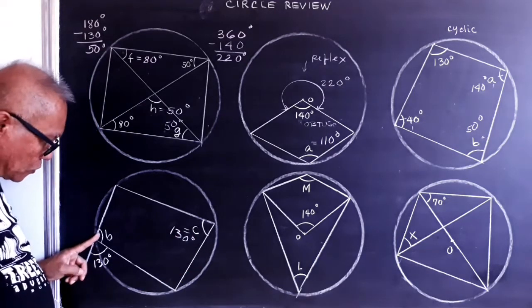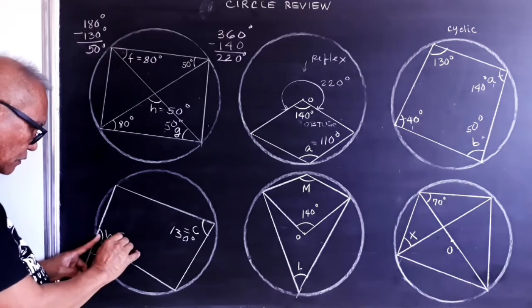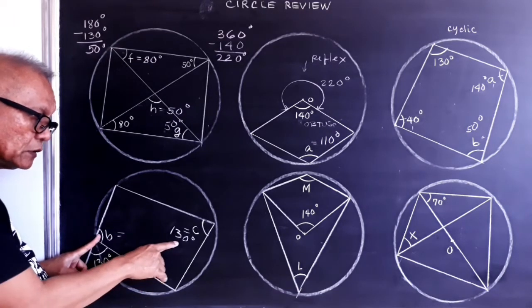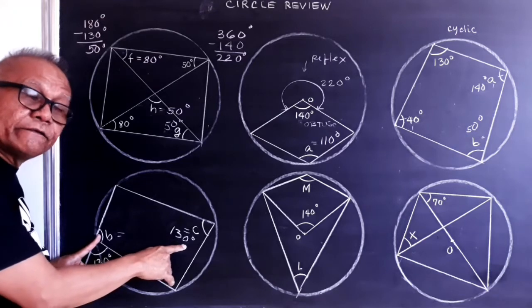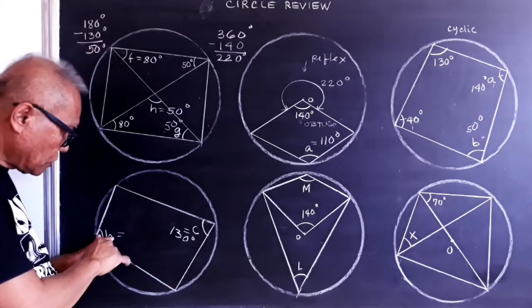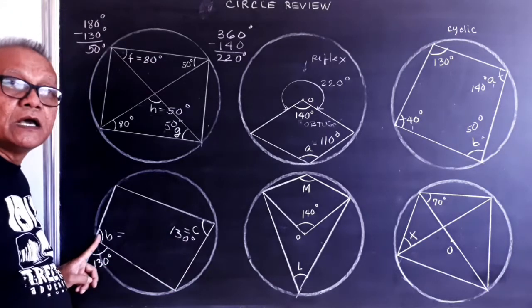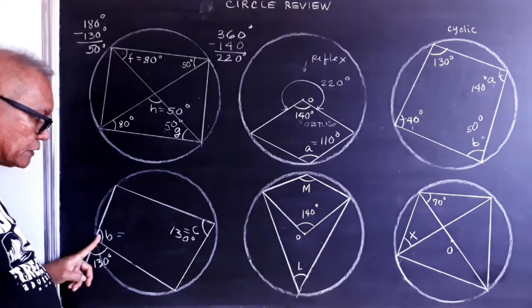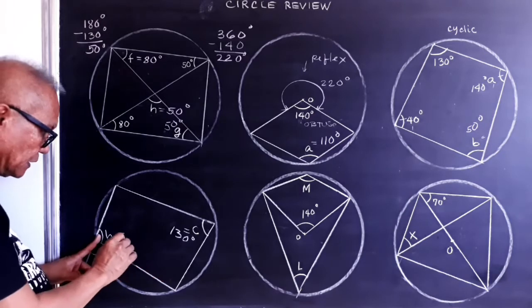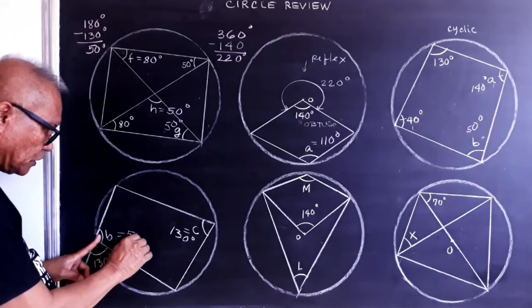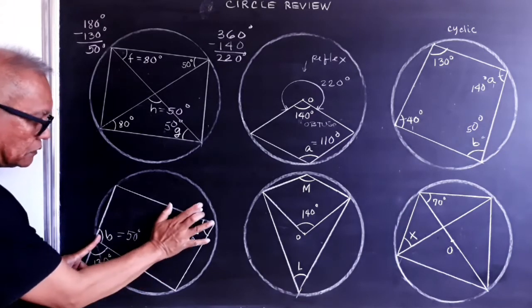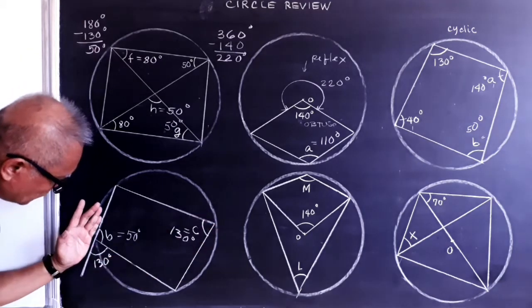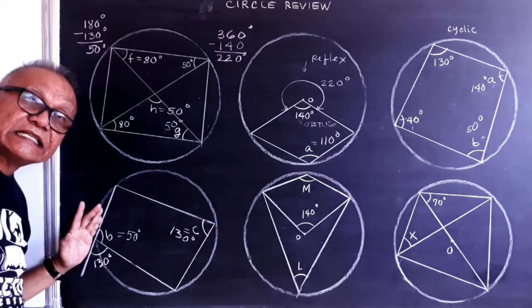Okay, what about B? If you want B, you subtract 130 from 180, because B and C are supplementary, meaning their sum is 180 degrees. So 180 minus 130 will give you 50 degrees here. Now, without using that one, can you see this one? It's a straight line.